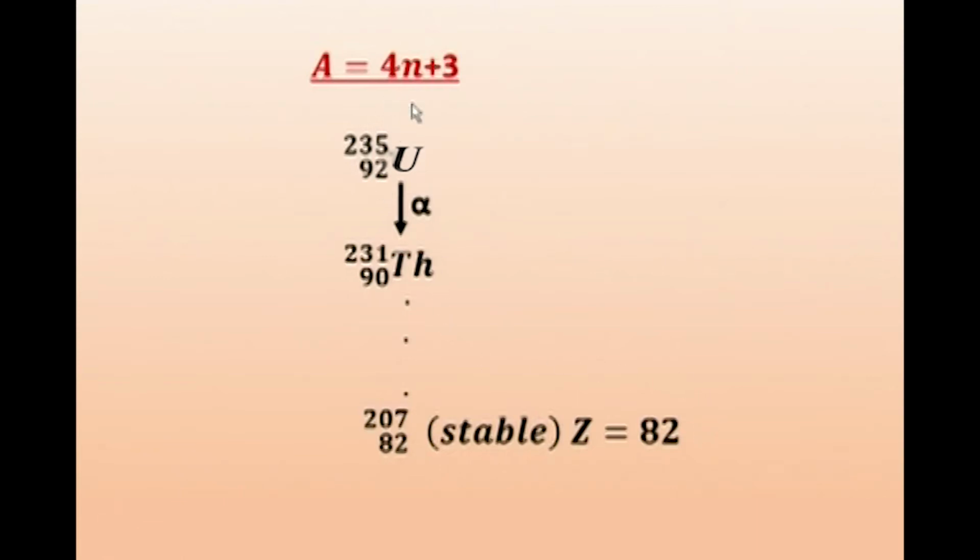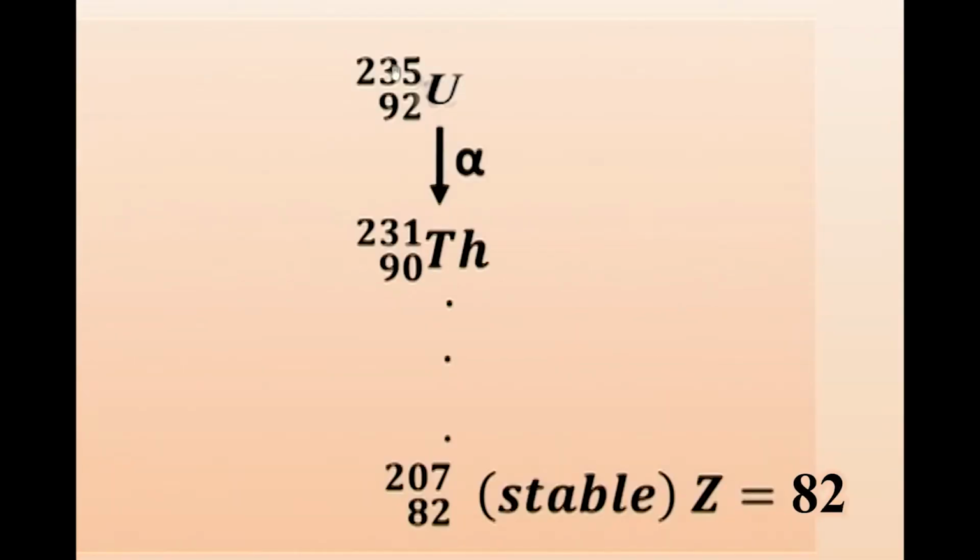And this 4n plus 3 series starts with uranium 235. That mass number 235, if you divide by 4, gives remainder 3, and the daughter element is 231, which again has remainder 3. Therefore, uranium 235, thorium 231 and all the others come under the 4n plus 3 series.